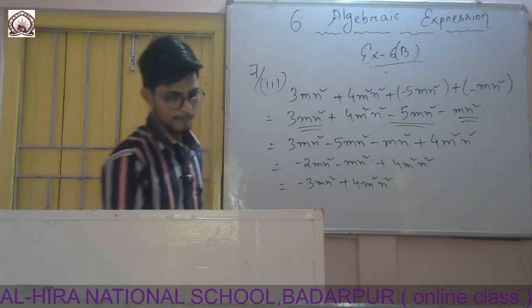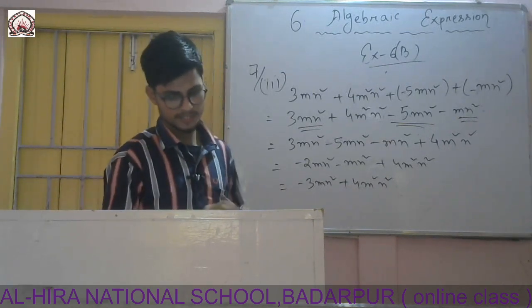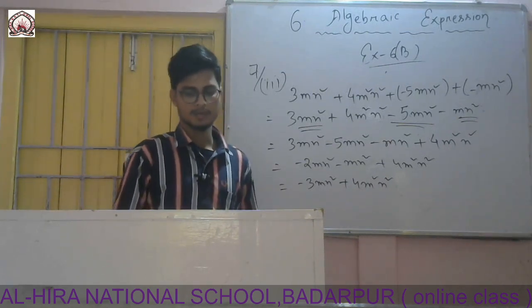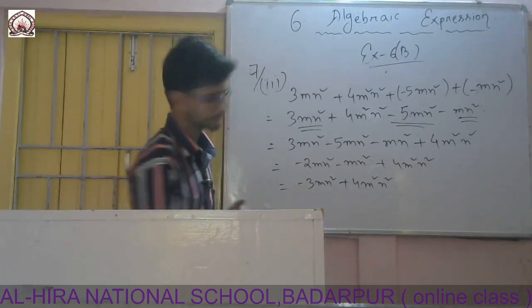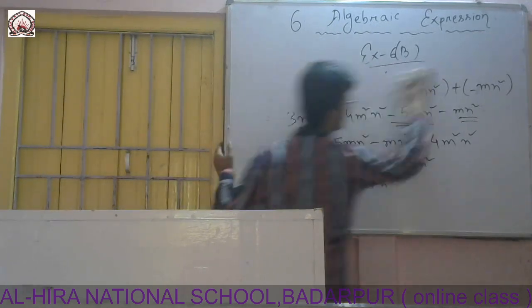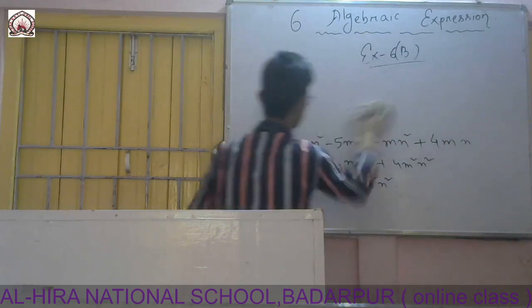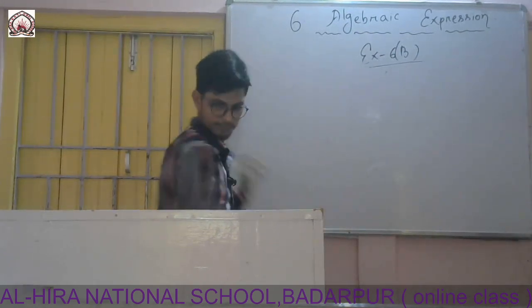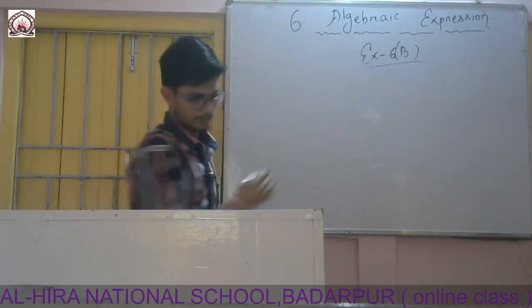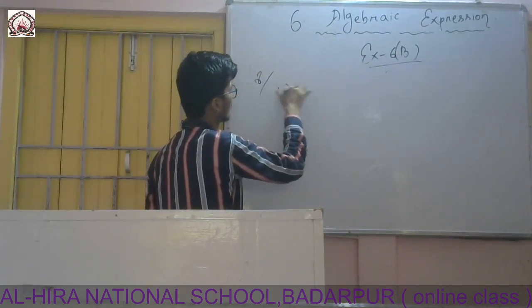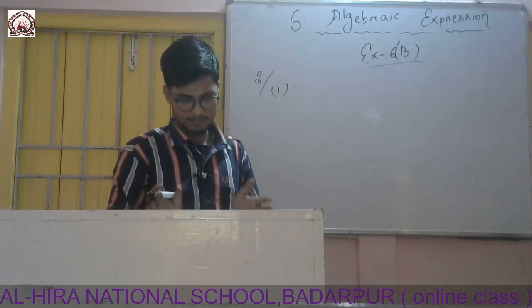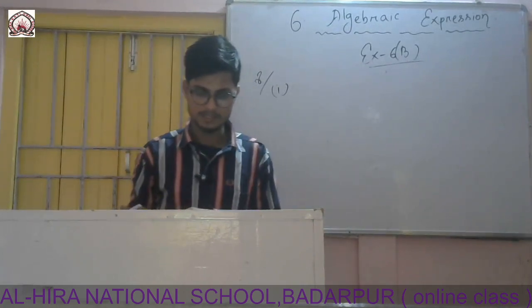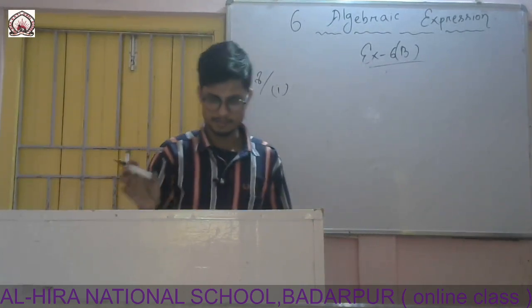Now we will do match question number 8, match the expression in column A to the sum in column B. One I will show, the rest you simply match. 8-1. On one side an expression is given, and on the other side the simplified form is given.